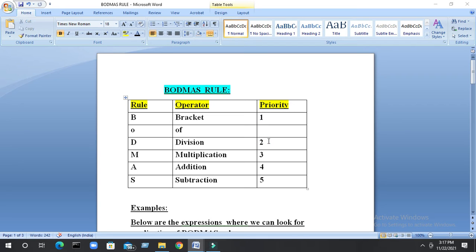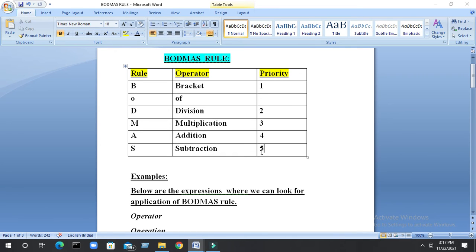Next, in case you don't have a bracket, fine, then division takes the highest priority. In case you have bracket and division, the first one will be bracket, the next one will be division. In case you have all the 5 operators, then the priority is: bracket first, then division, then multiplication, then addition and then subtraction. And what is our method of traversing? It has to be from left to right.